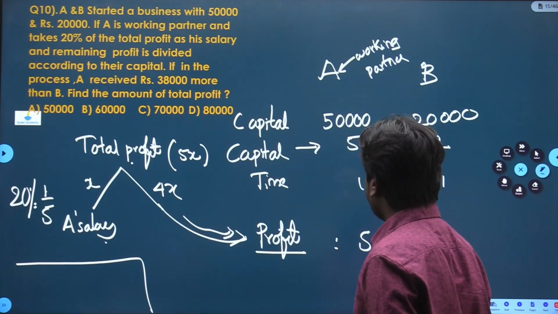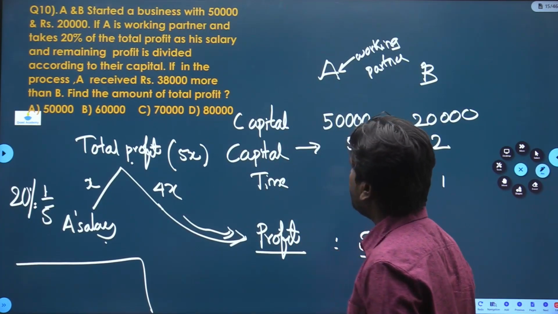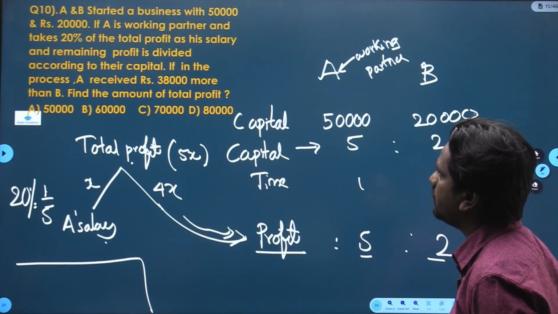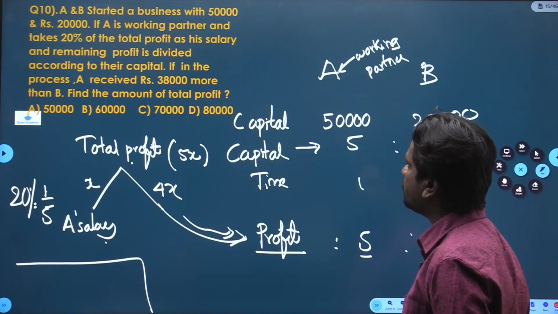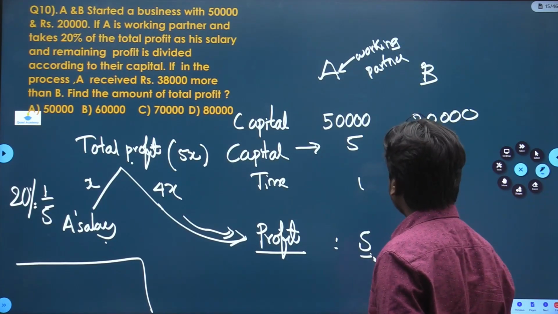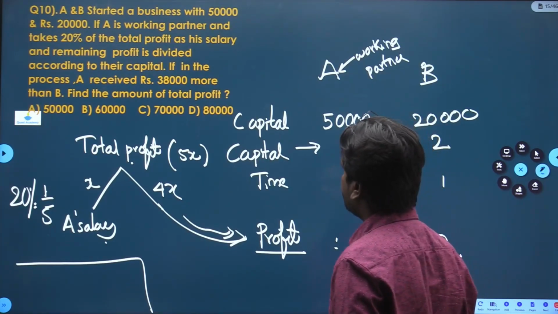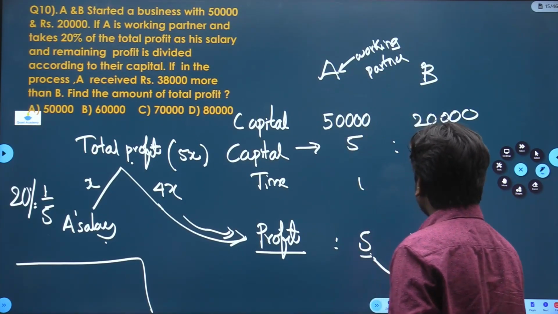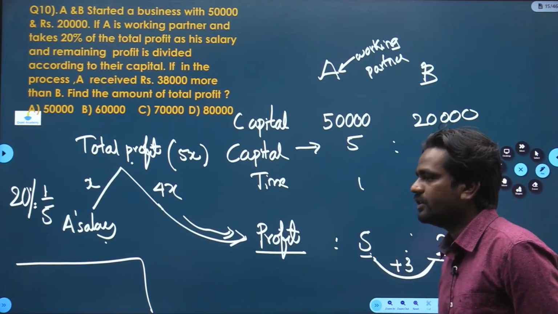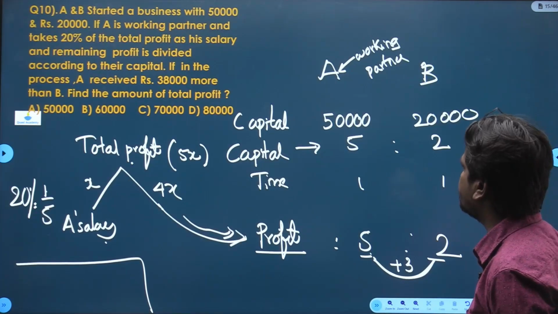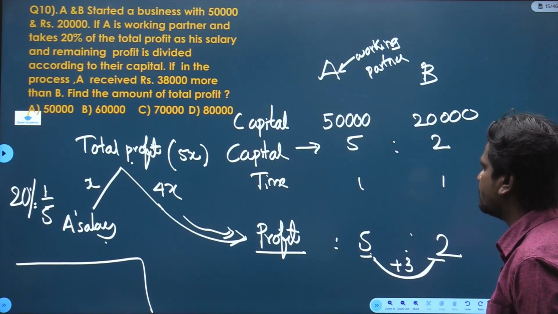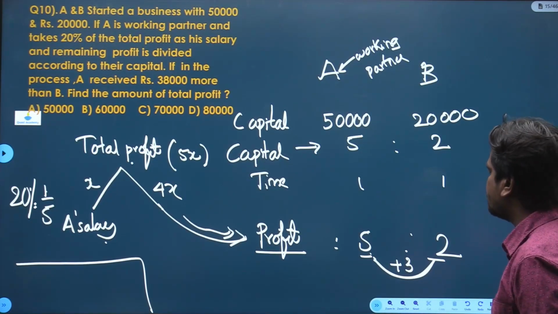Now, what has been given extra: A received rupees 38,000 more than B. A's profit is 5 units, B's profit is 2 units, so 3 units extra. A receives 3 units extra, and he also receives the salary.